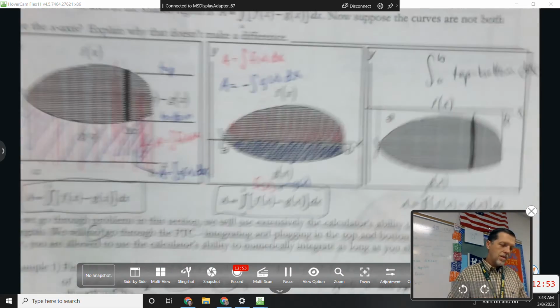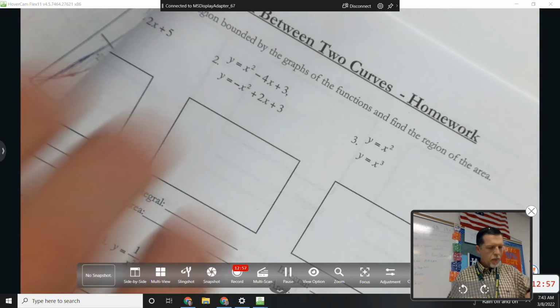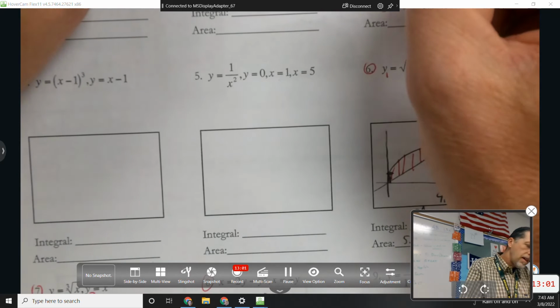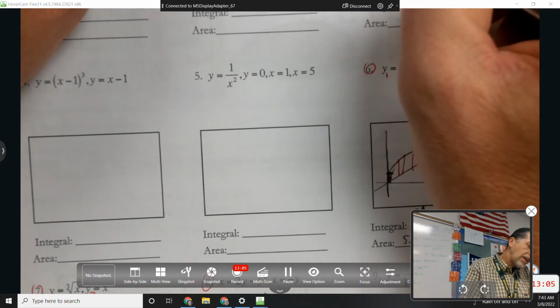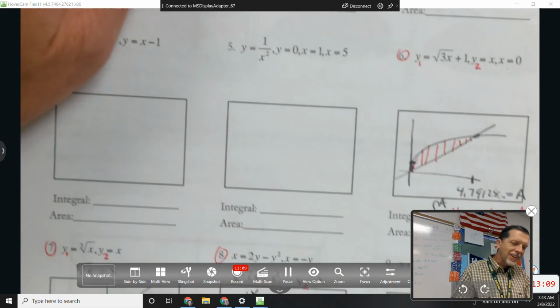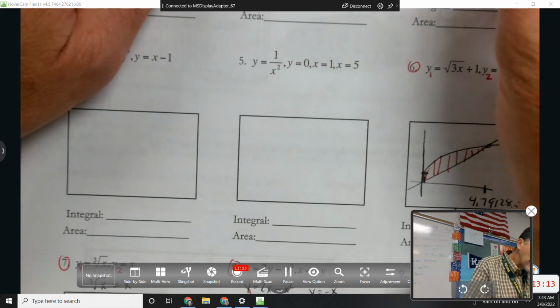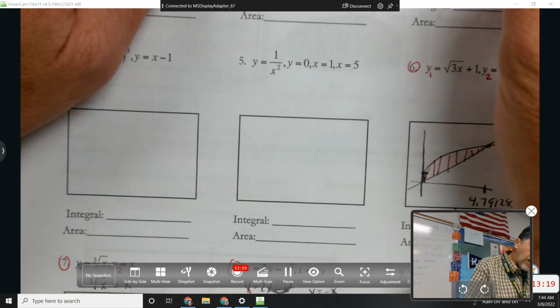I guess, I don't know if we need to do this whole problem, but with number 3, I got they intersect at 0, which is the area of 0. Oh, number 3 is tricky because you need to look very carefully at the graph. You have to zoom in.